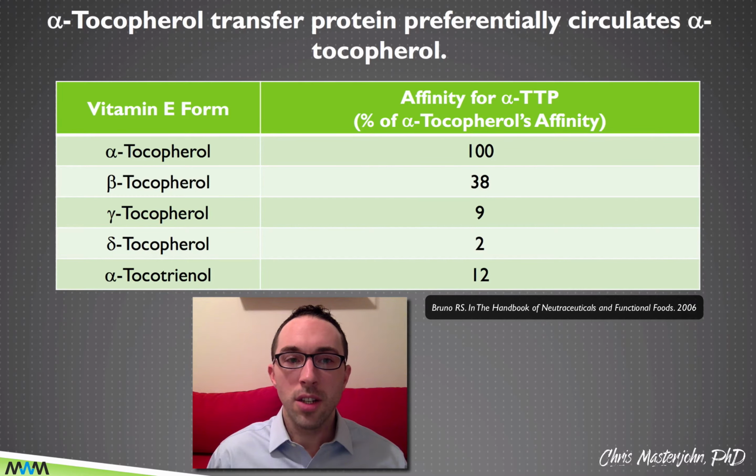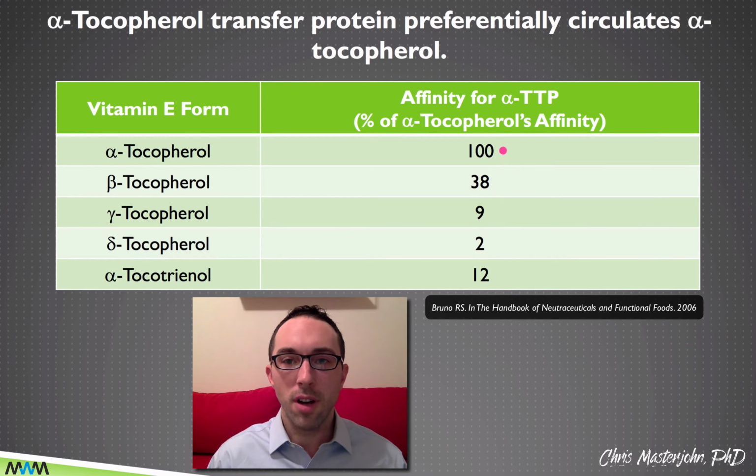The data on the screen shows the affinity of alpha-TTP for the different forms of vitamin E. Alpha-tocopherol is arbitrarily set at 100%, and everything else is expressed as a percent affinity compared to alpha-tocopherol. As you go from alpha to beta to gamma-tocopherol, you go from 100 to 38% to 9%.